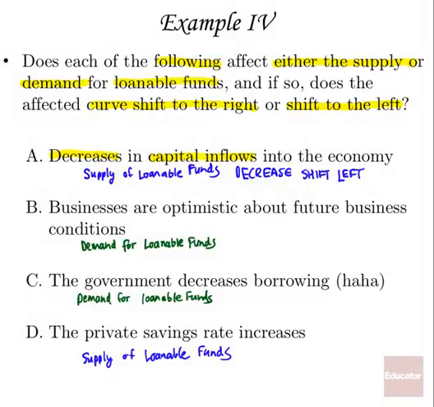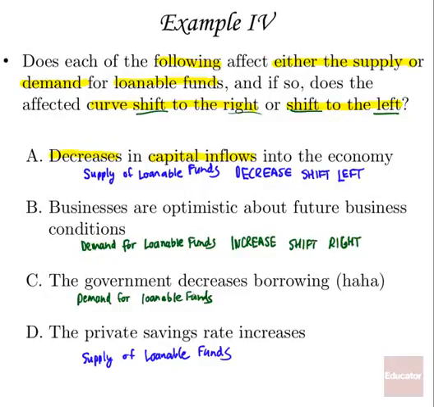Now, businesses are optimistic about future business conditions. So they're optimistic, so the demand is going to increase. And again, they want to know which way it shifts, to the left or to the right. Increase is a shift right.